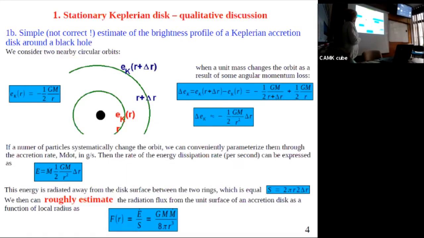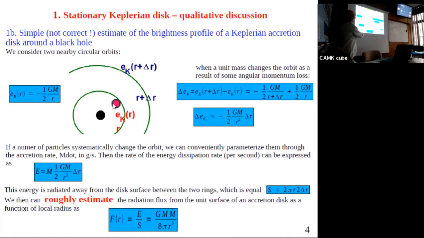Okay. So now first we will do a not correct estimation of the flux which is dissipated in the accretion disk as a function of radius. But this exercise is convenient because it intuitively and simply shows how this works, that we don't need any information about the viscous forces.